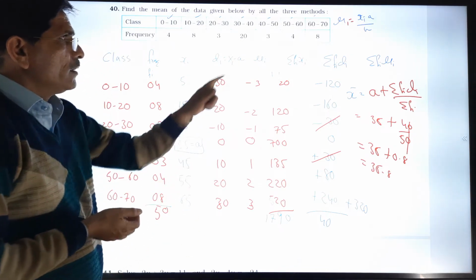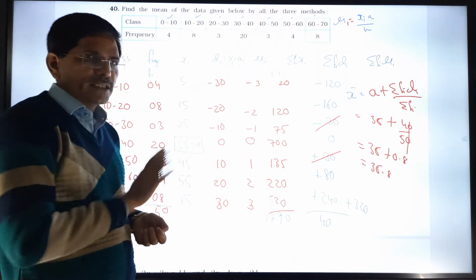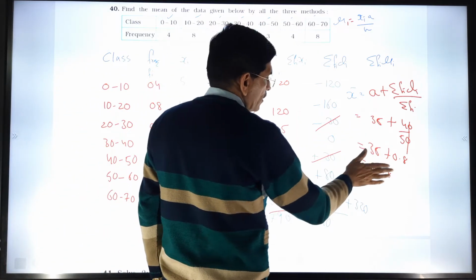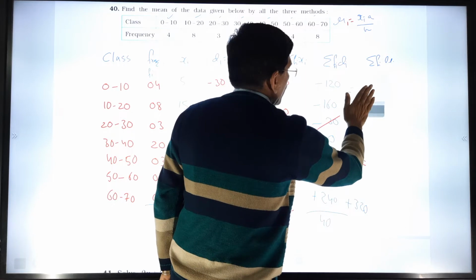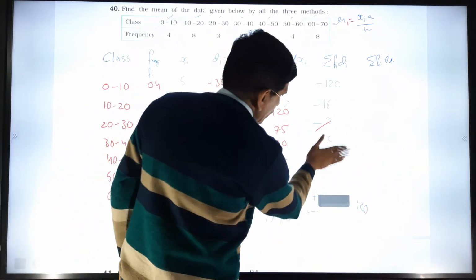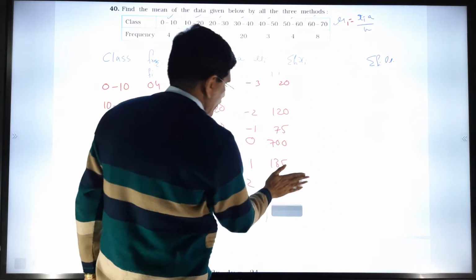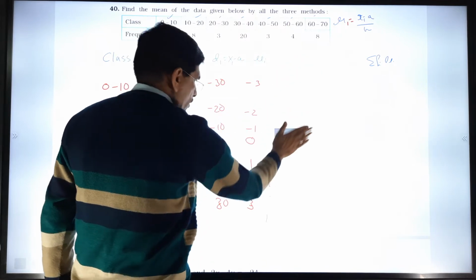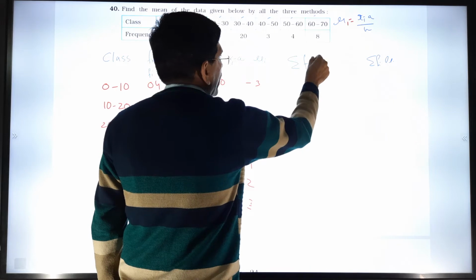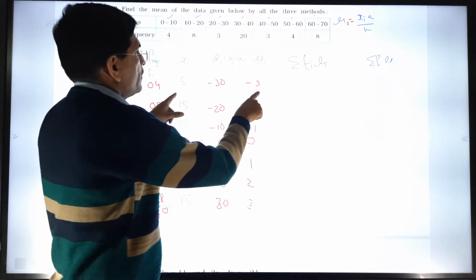Now we go for the step deviation method. I think it is the easiest way, that is step deviation. So now again I have to concentrate on step deviation. Again I have to rub this also, so we can get the perfect answer directly, and concentrate only on sigma fi ui. So what is fi ui?